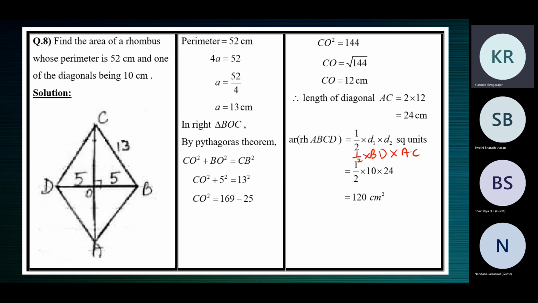What is the length of BD? 10 centimeters. What's the length of AC? You found only CO using Pythagoras theorem. That is 12 centimeters. So AO is also 12. So 12 plus 12, 24. So AC is 24. So BD is 10 and AC is 24.